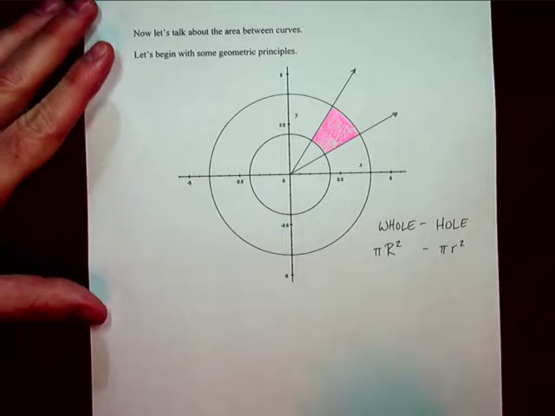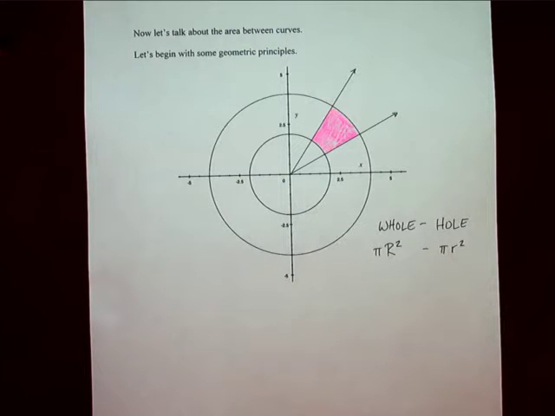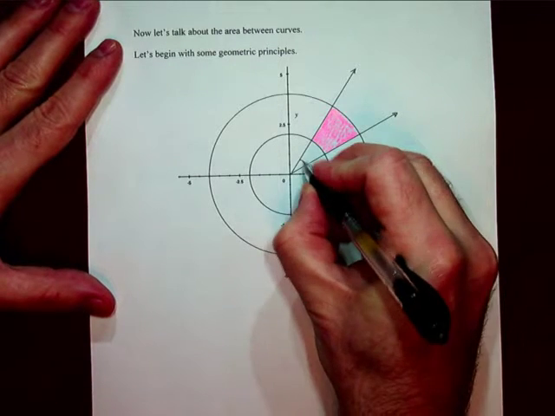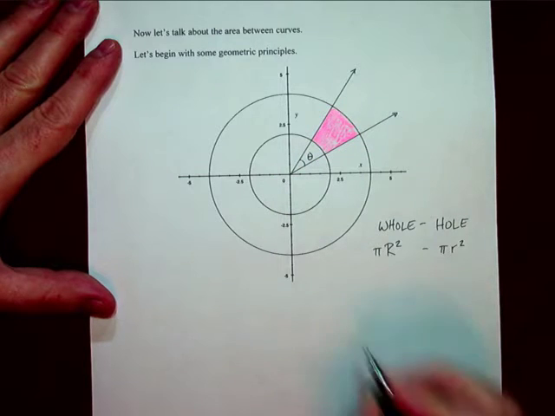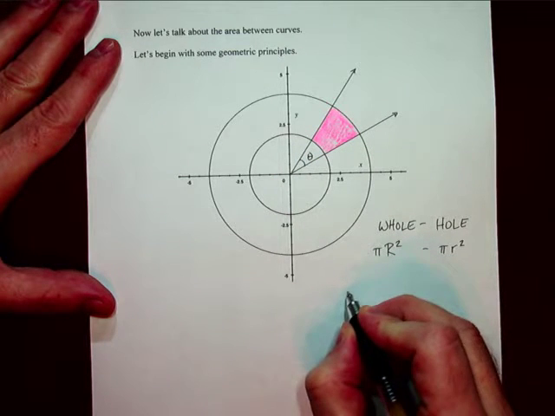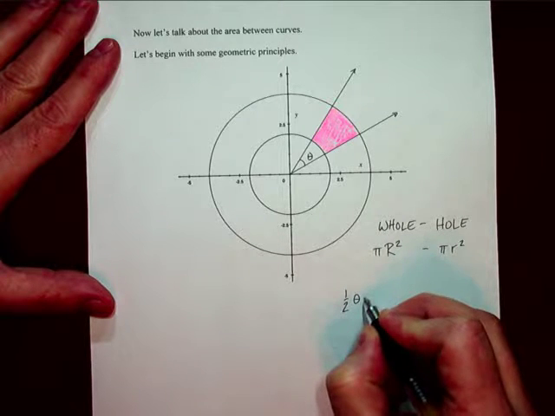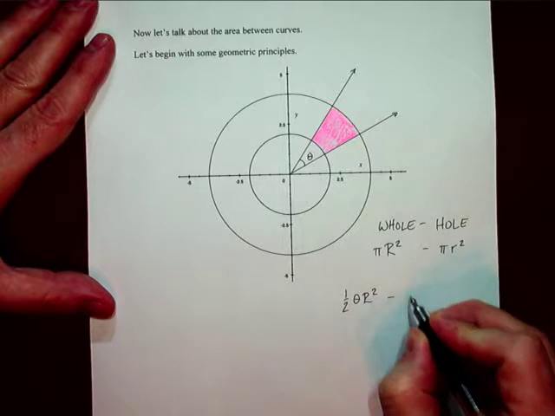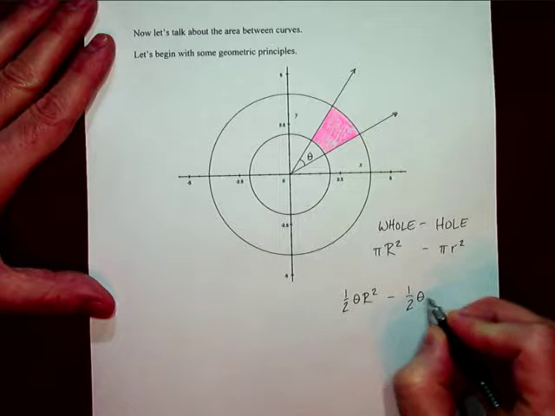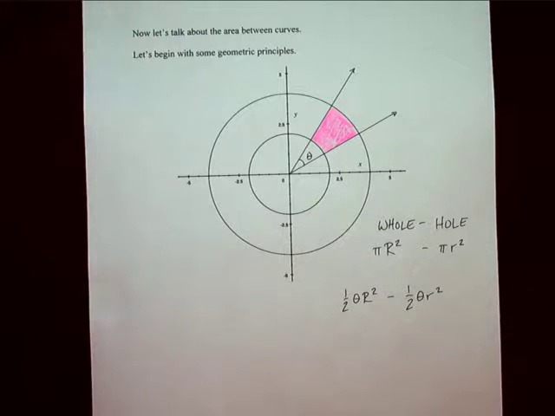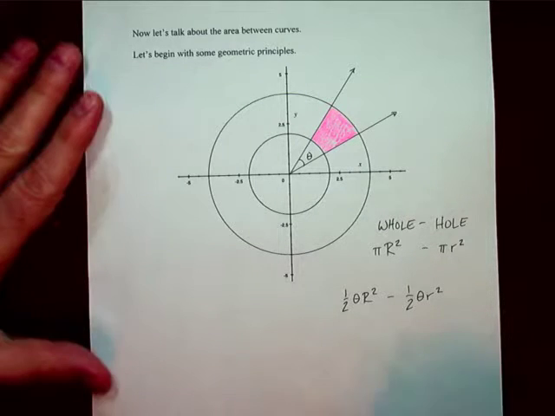Well, when we're dealing with a sector, it's the same principle because it's just a fraction of that, right? And if this right here is theta, then the area of the sector is going to be 1/2 theta R squared minus 1/2 theta r squared. Big R, of course, referring to the big radius, and the small r referring to the small radius.